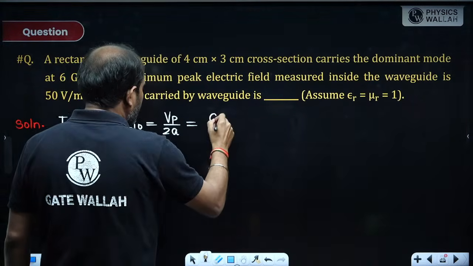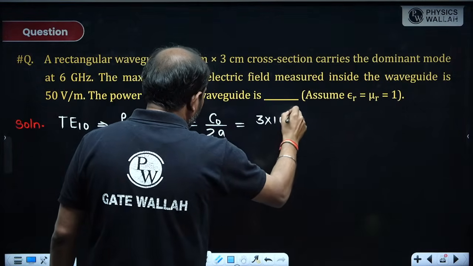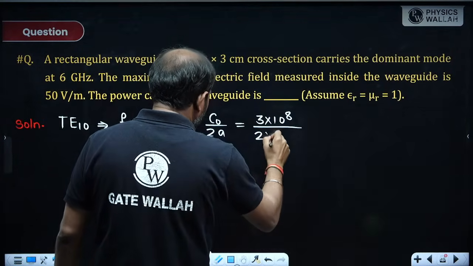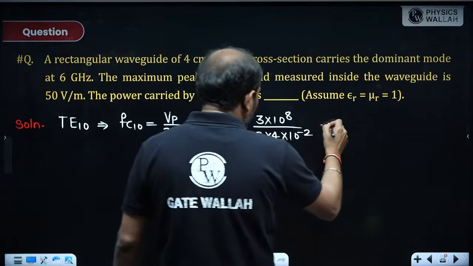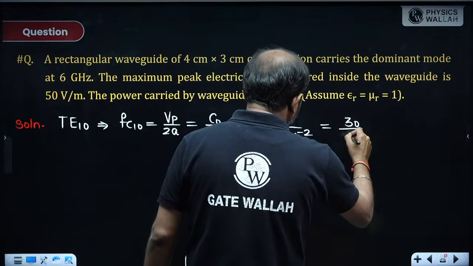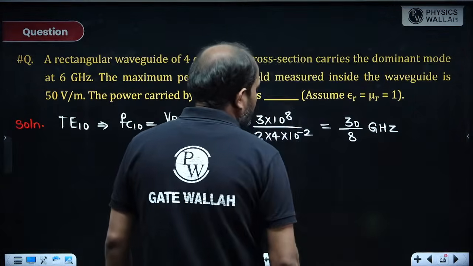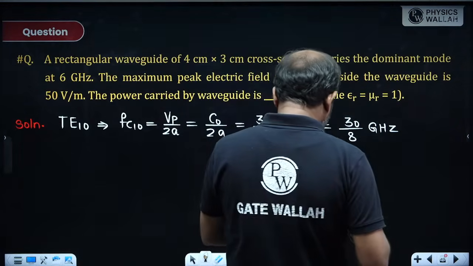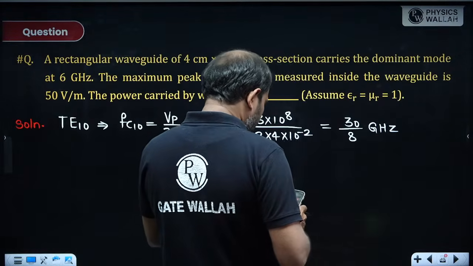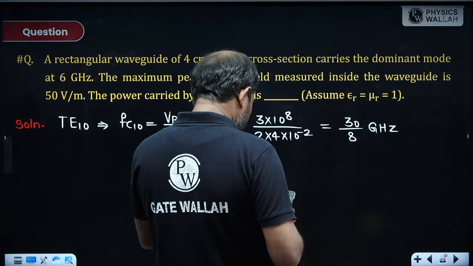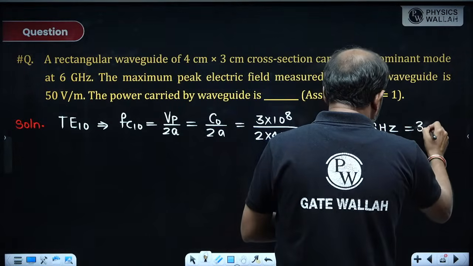C0 is 3 into 10 raised to power 8, and A is 4 into 10 raised to power minus 2. So it will be 30 divided by 8 gigahertz, which is 3.75 gigahertz.